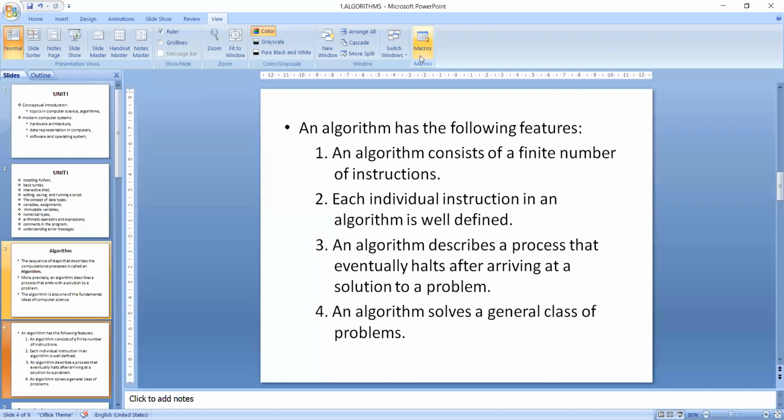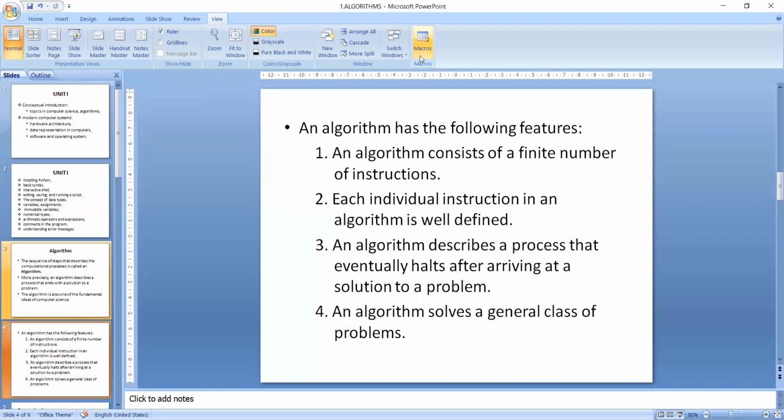Step 2: each individual instruction in an algorithm is well defined. You have to give the instruction properly, because if your instruction has no meaning, then what is the purpose of writing it?